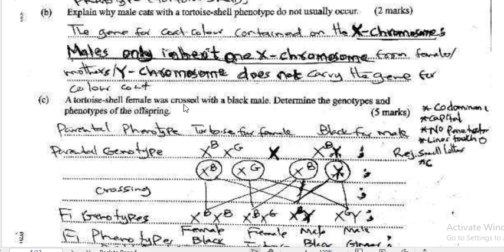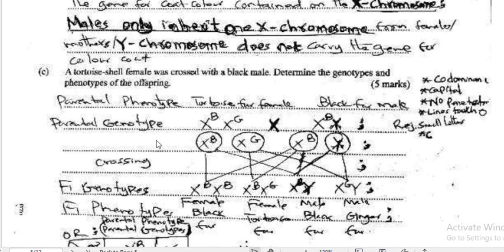Part C, a tortoise shell female was crossed with a black male, determine the genotypes and phenotypes of the offspring. 5 marks. In order for you to get the 5 marks, you must cross correctly, and we have parental phenotypes: tortoise fur female and a black fur male, which are the parents.